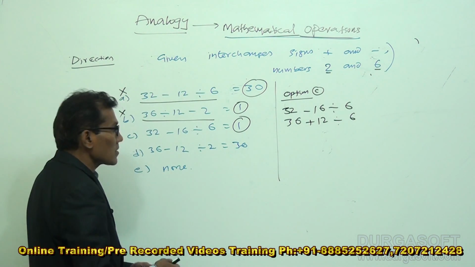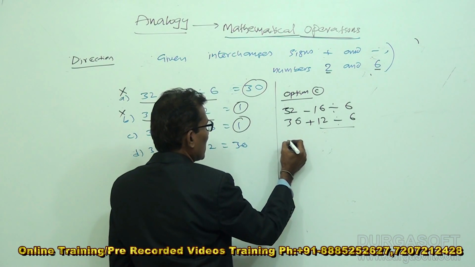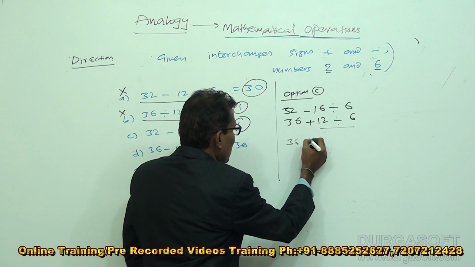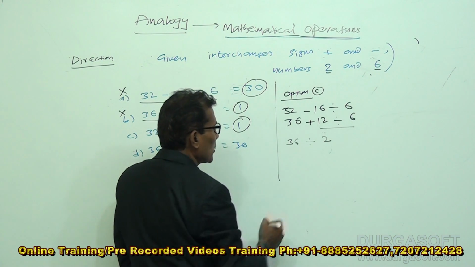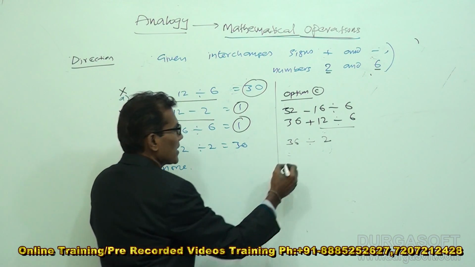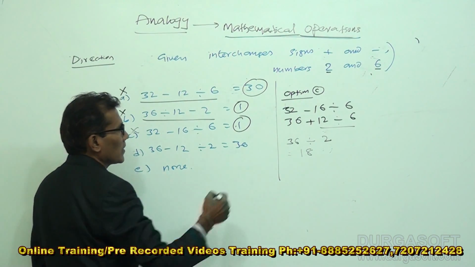Then first we operate according to DMAS, division is the first. So 36 plus 12 divided by 6, it is going to be 2, and 36 divided by 2 is 18, but here our result is 1, therefore option C is wrong.